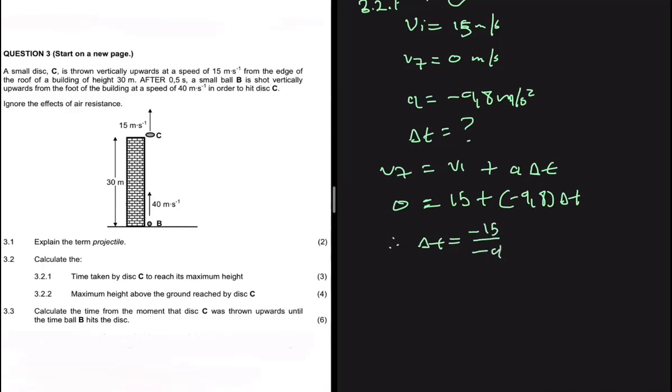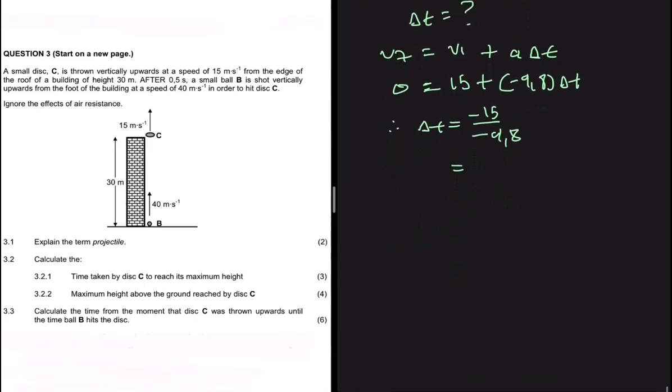We just took 15 to the left hand side and then divided both sides by the coefficient of delta t. If you put that in your calculator, you should get 1.53 seconds. So that is the time it takes disk C to reach maximum height.